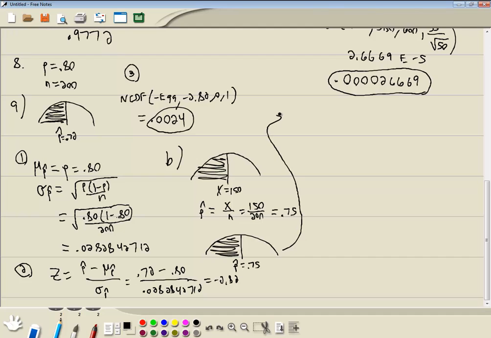Well, we don't need to do the first step because it's the same as this. So we'll go directly to step 2. Z is equal to p hat minus mu sub p hat over sigma sub p hat. So we got 0.75 minus 0.80 divided by 0.02828422712.